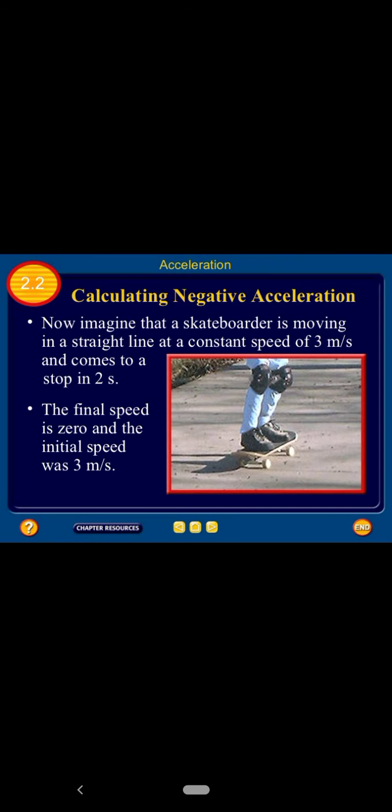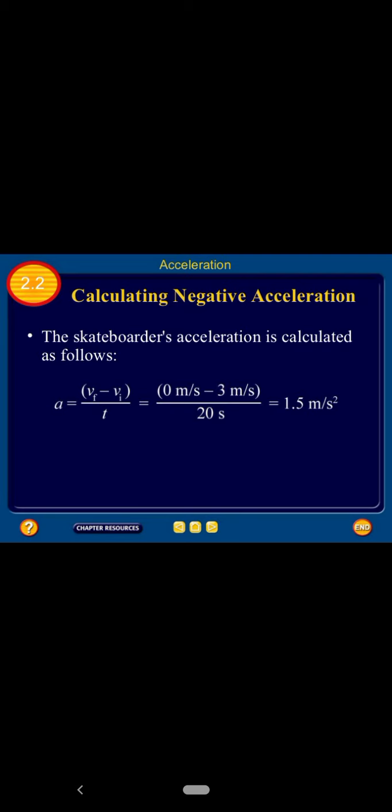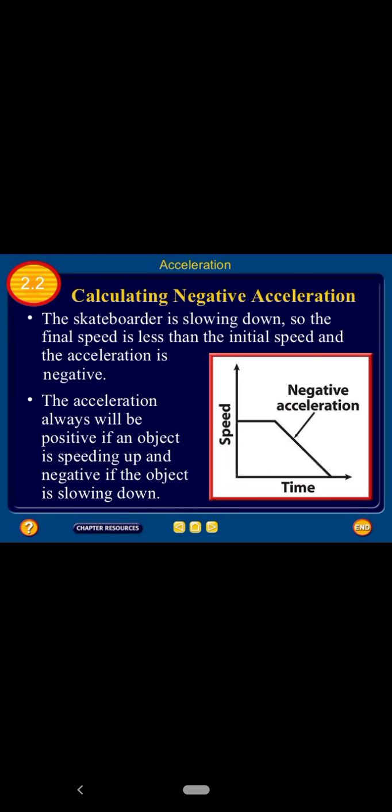The final speed is 0 and the initial speed was 3 meters per second. If we calculate the acceleration, the value of Vf is 0, Vi is 3, and the value of t is 2 seconds, not 20 seconds, right here 2 seconds. Then the value of A comes out to be minus 1.5 meters per second squared. So this is negative acceleration.